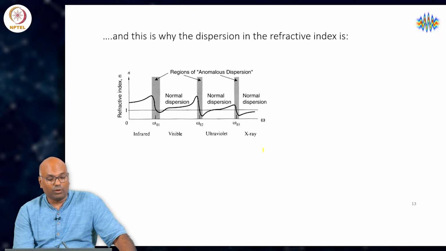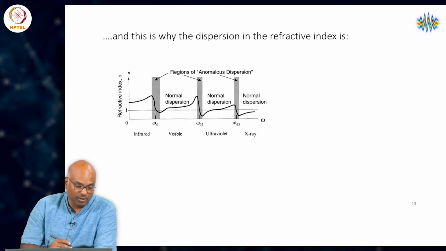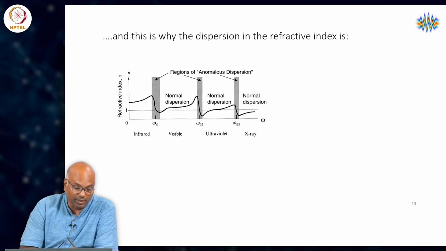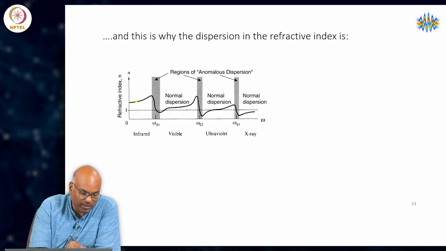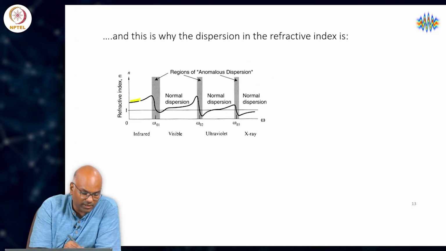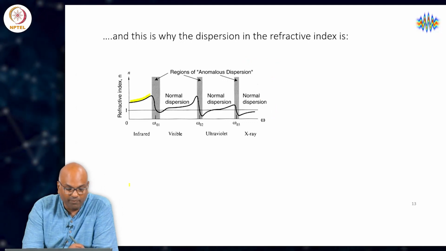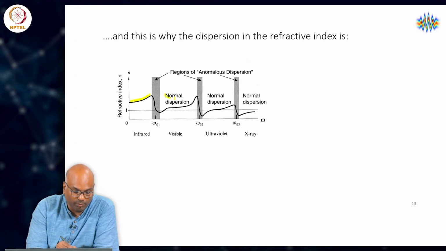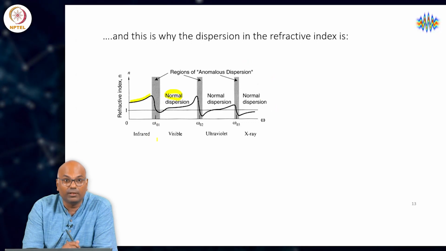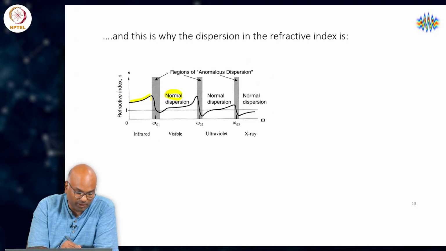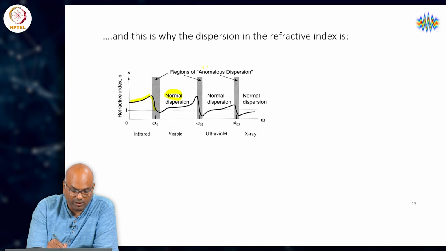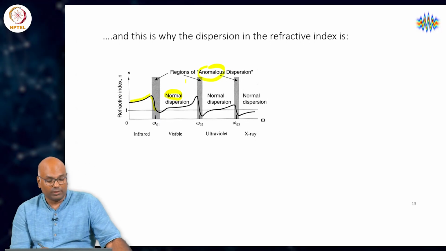As a consequence of the way in which the real part of the refractive index varies with frequency, we have regions where the refractive index increases with frequency, where dispersion is said to be normal, and regions where the refractive index drops with frequency, where dispersion is said to be anomalous.